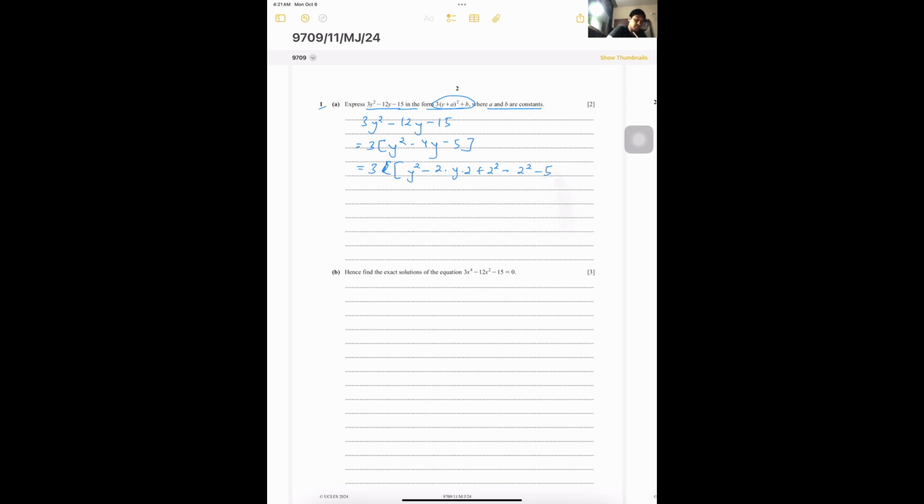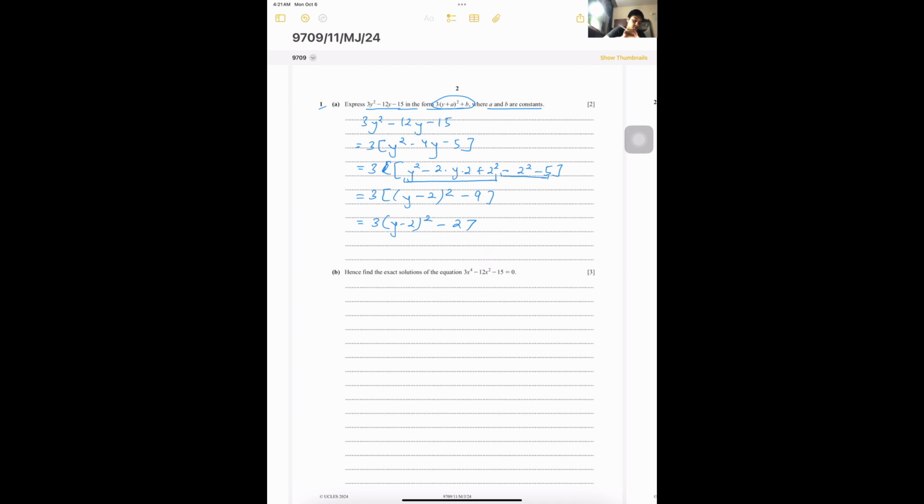So we've done completing the square. Then 3. So this part is the completing square part, which is y minus 2 whole squared. Then this part will come down as minus 4 minus 5, which is minus 9, and at the end it will become 3 times y minus 2 whole squared minus 27.